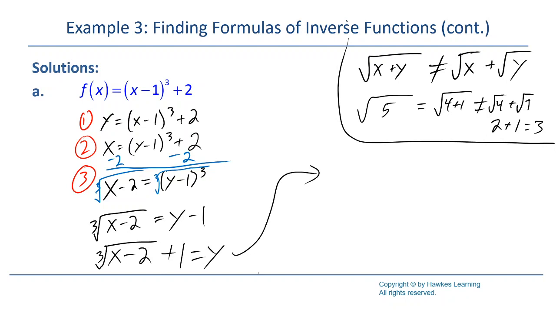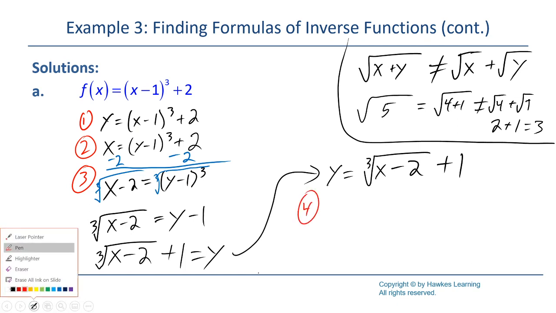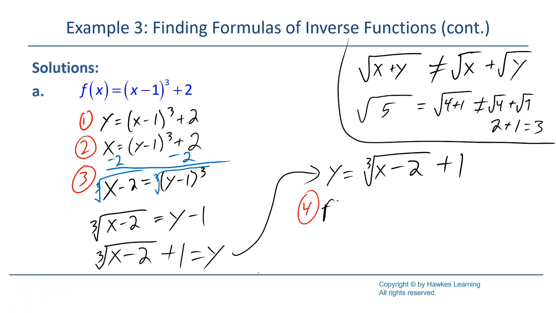Box it in the little aside so it doesn't get confused. So then we have y equals the cube root of x minus 2 plus 1. And then the fourth and final step, we replace y with f inverse.